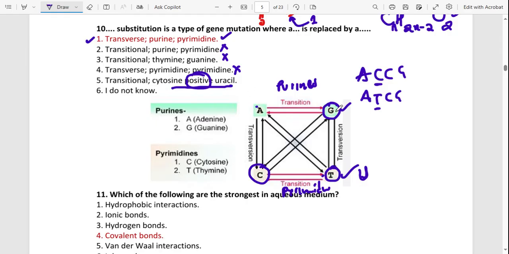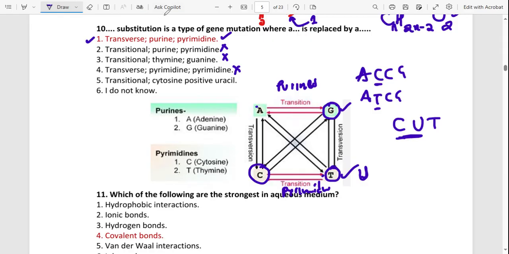You have got the pyrimidines being cytosine, uracil, and thymine. A substitution here, if we get a cytosine and replace it for uracil, that can still be considered a transition. But the cytosine positive uracil, we don't know what that statement means there, the positive.